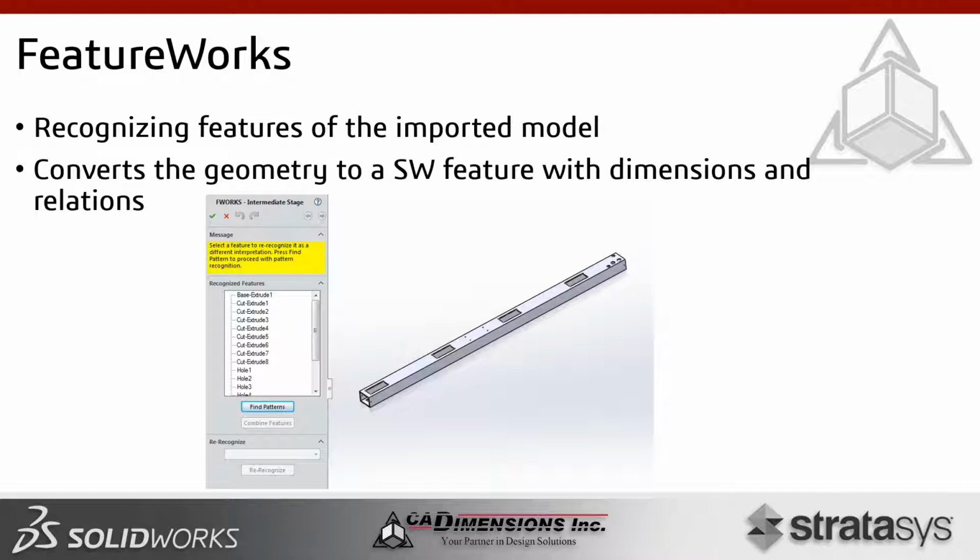The features we're talking about are basic features like cuts, holes, extrudes, fillets, and so on. It's not going to get into creating lofts with sketches and everything like that. That's a little too complex for it, but it will give you the ability to manipulate holes, extrudes, and cuts.